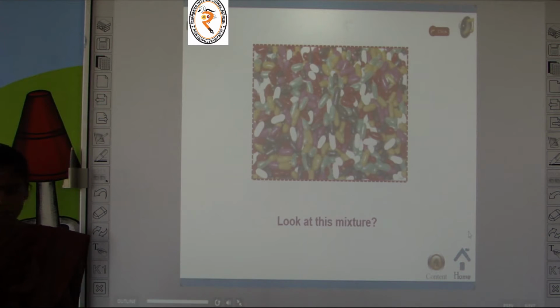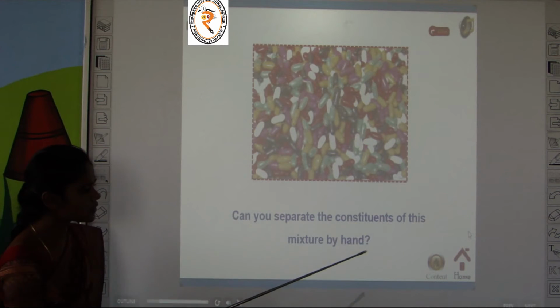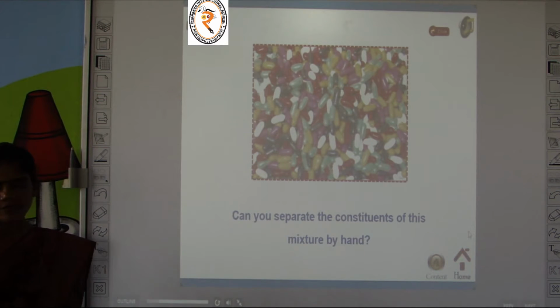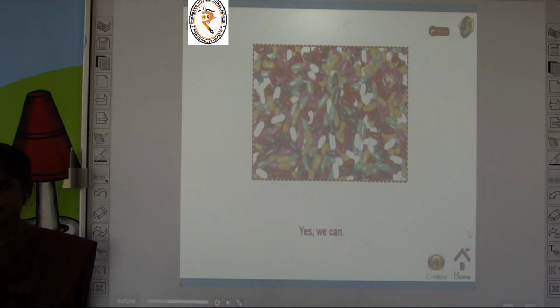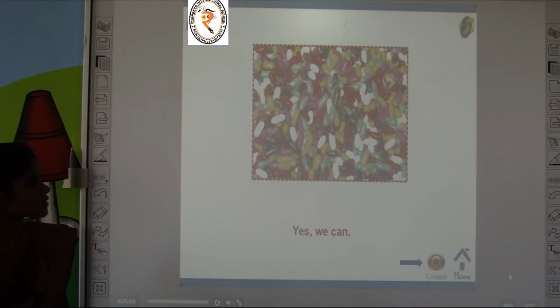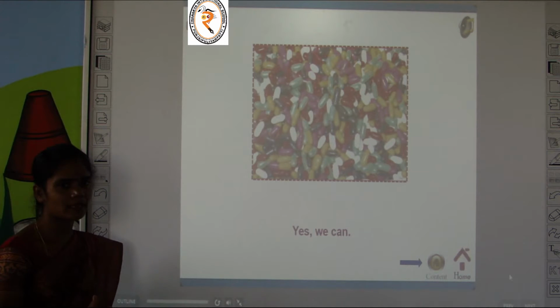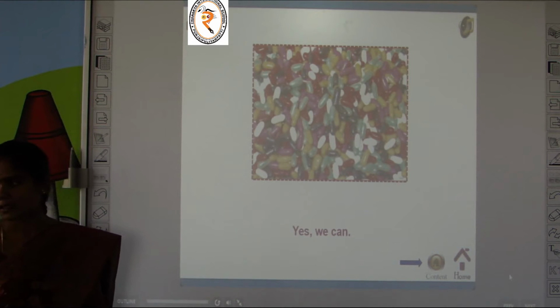Look at this picture. Can you separate the constituents of this mixture by hand? Yes, we can. So this method is called hand picking. Why? Because we can separate the particles with the help of our hands.